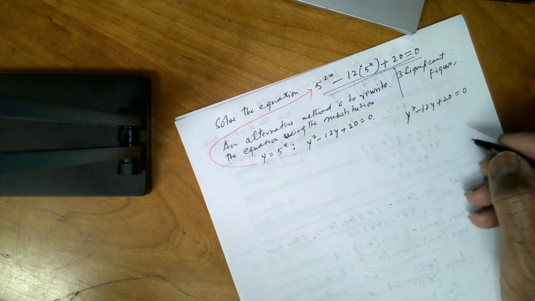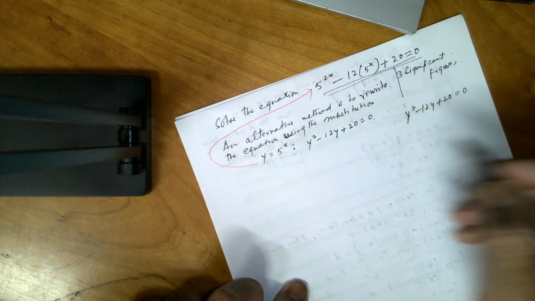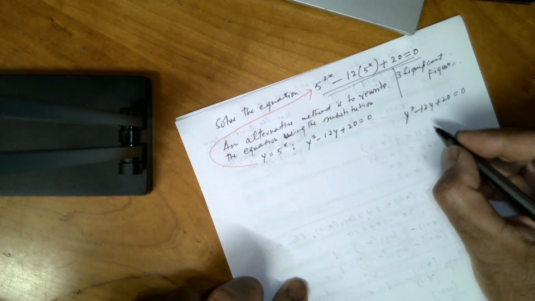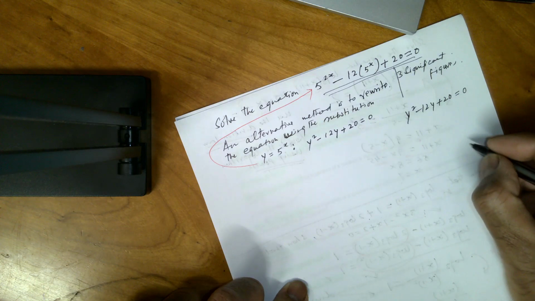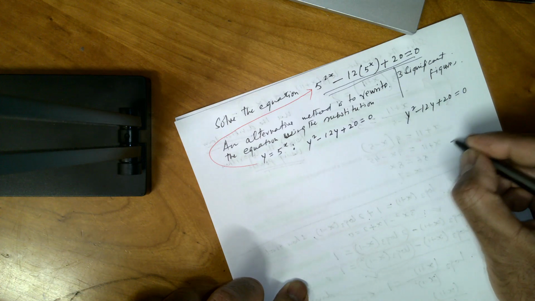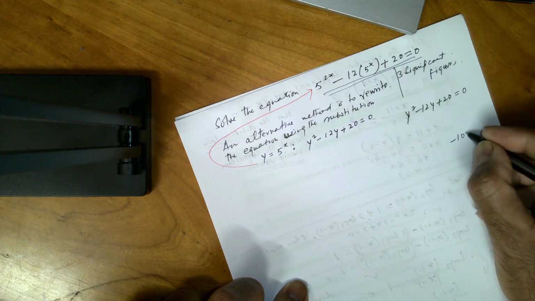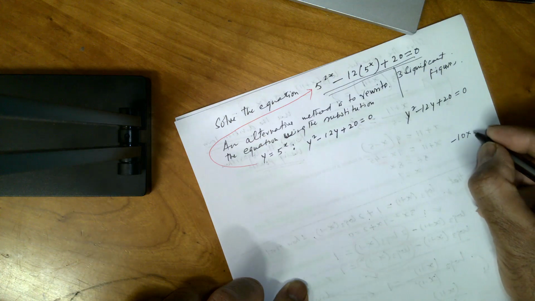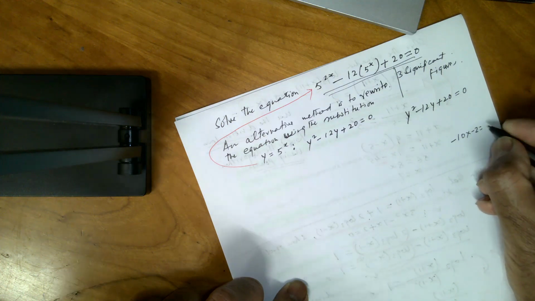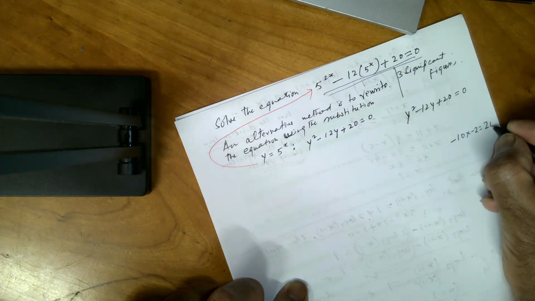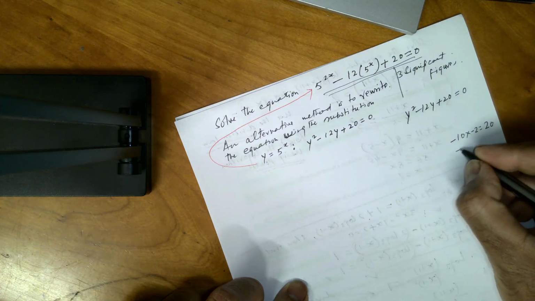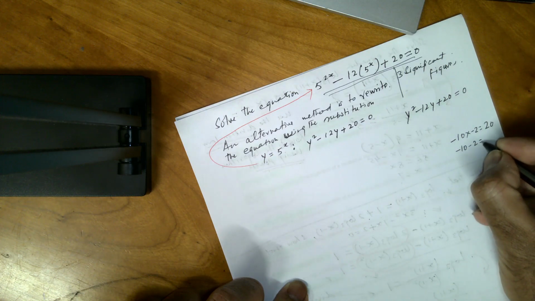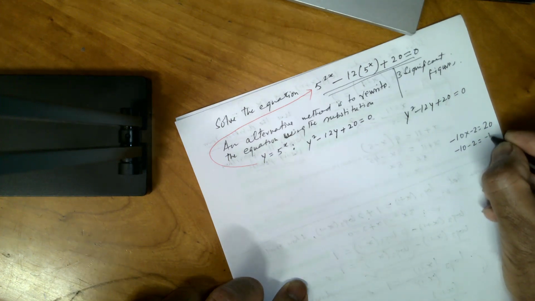Let me write it down for you: minus 10 multiplied by minus 2 gives us 20, and minus 10 and minus 2 gives us minus 12.